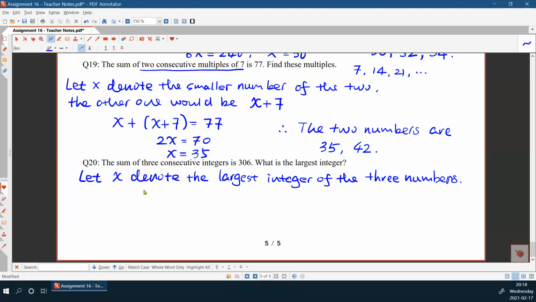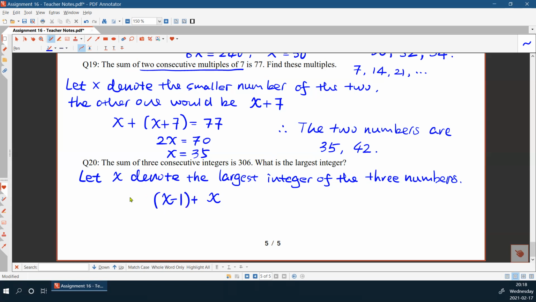we know that the largest one is x. How about the one in front of x? It should be x minus 2. Sorry, x minus 1, right? Because they are three consecutive integers, such as 2, 3, 4, something like that.